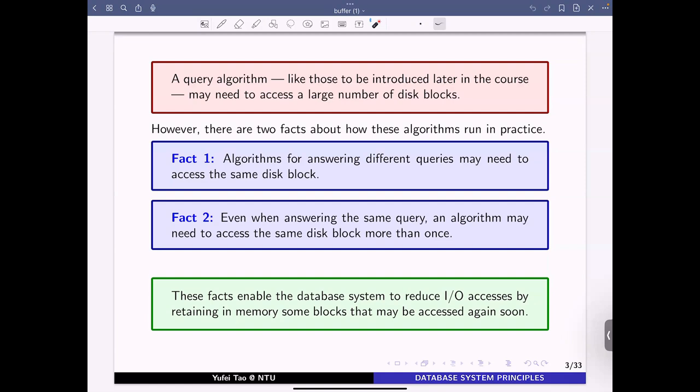But as I said, this is not how things are in practice, and in practice, we do have these two facts and they arise again and again. So this gives us opportunities to boost the performance of the system.